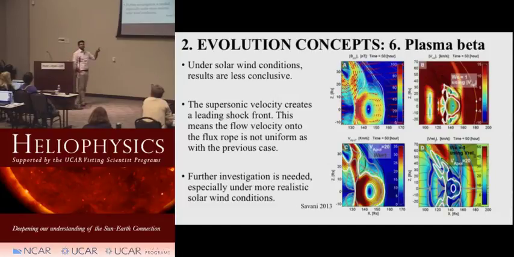One of the reasons why this was more complicated than the earlier simulations is that there's a shock front in this situation. In the earlier simulations, below the solar surface, the flux rope was just naturally rising up through buoyancy.